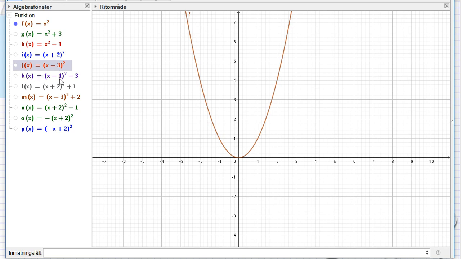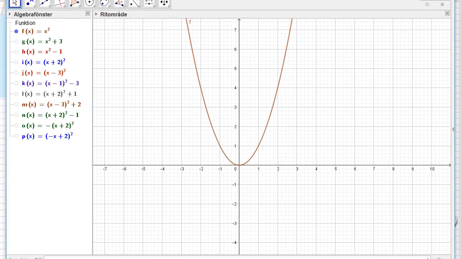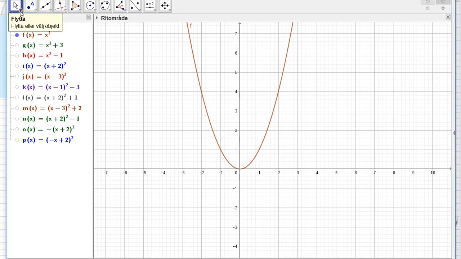This one is to the right, this one to the right because it is minus 1, and then downwards. Let's see if I can find my pen here. Yes, I have the pen. I am expecting that this one is to the right, this one is supposed to be here, and then 3 downwards. 1, 2, 3. So it should be like that.